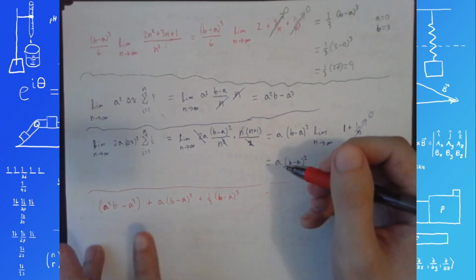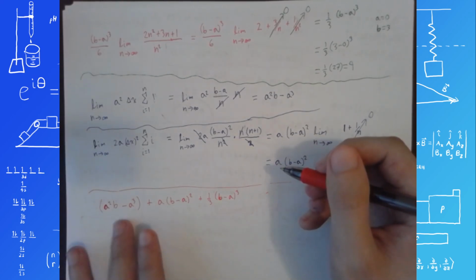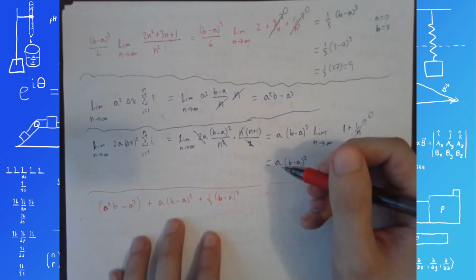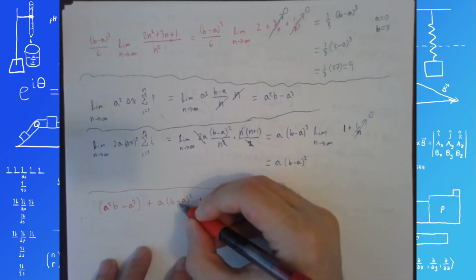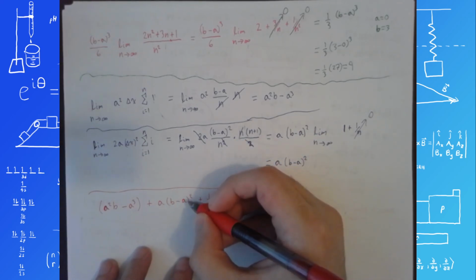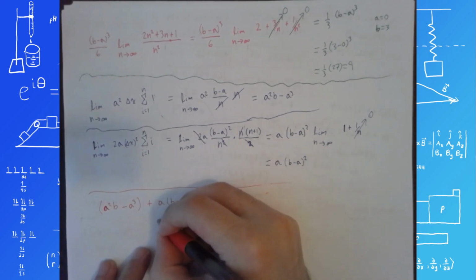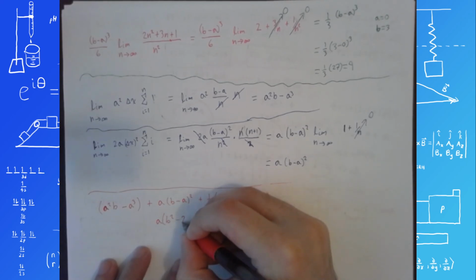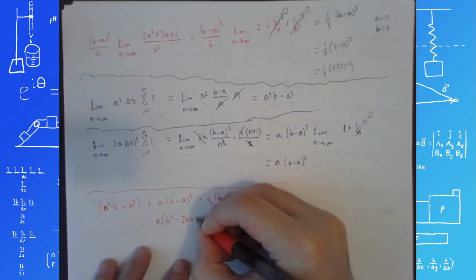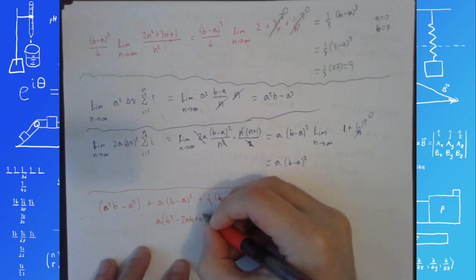So that doesn't need any more simplifying. This becomes a times, let's see, b squared minus 2ab plus a squared. So that's a times b squared minus 2ab plus a squared.